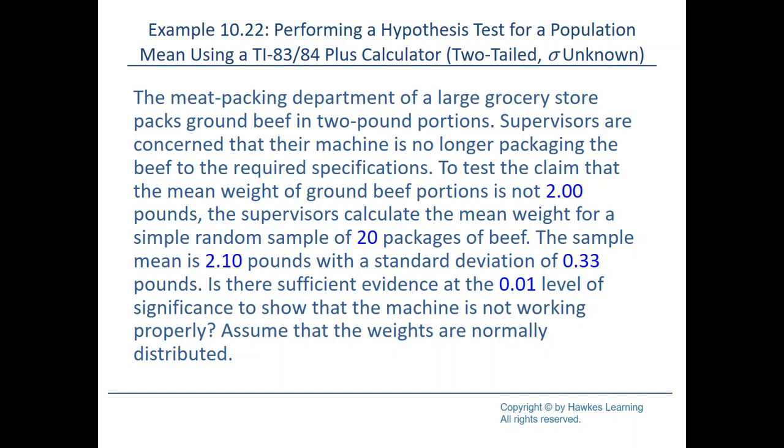To test the claim that the mean weight of the ground beef portions is not 2 pounds, the supervisor calculates the mean weight for a simple random sample of 20 packages, and that sample mean was 2.1 pounds, and the standard deviation of that sample was 0.33 pounds. Is there sufficient evidence at a 0.01 level of significance to show that the machine is not working properly? We're going to assume that the weights are normally distributed.